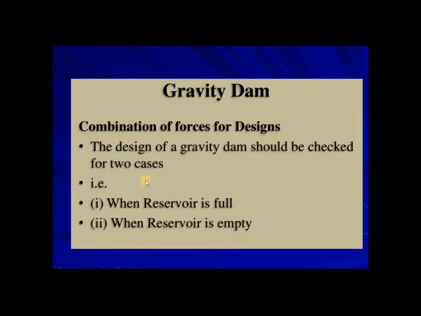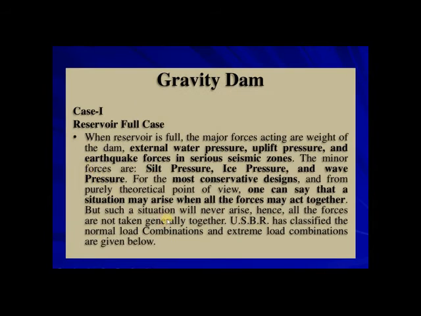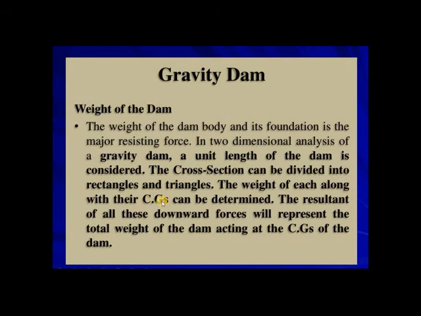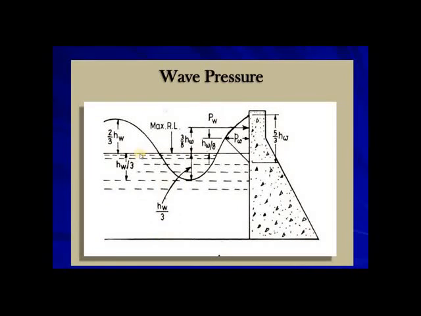So the combination of forces for design can be considered for two cases: when the reservoir is full and when the reservoir is empty. So you have to just calculate all the forces which are opposing the dam and all the forces which are resisting the dam. For example, water pressure is opposing the dam body, wave pressure is opposing the dam body.